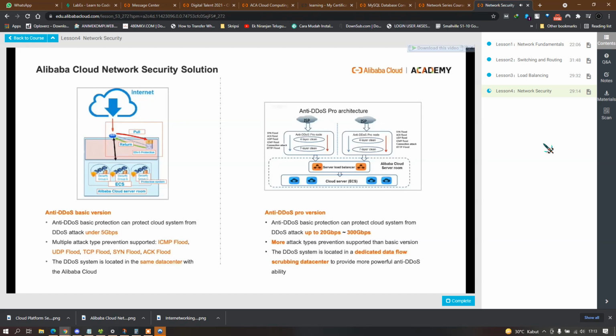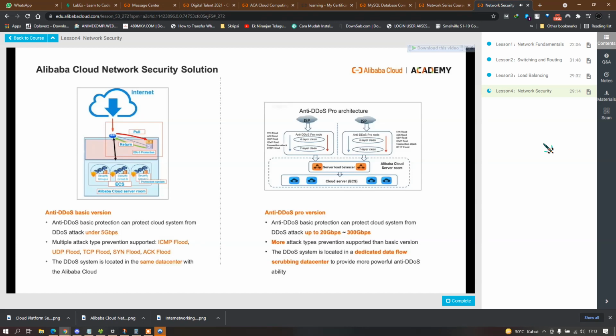But if your system is attacked by a much higher amount of data, much more than 5 GB per second, you should use the professional version, because the professional version can provide protection for your cloud system from DDoS attacks from 20 GB per second up to 300 GB per second. This big amount of data attack can be protected by the professional version. So this is the big advantage of the professional version compared with the basic version.